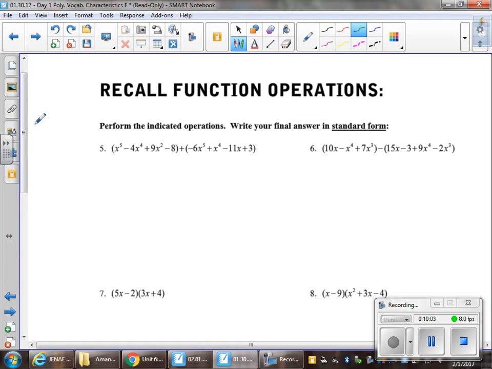Anyone? What's an operation? What does that mean in math? Okay. PEMDAS is a good hint. So, what does PEMDAS stand for?